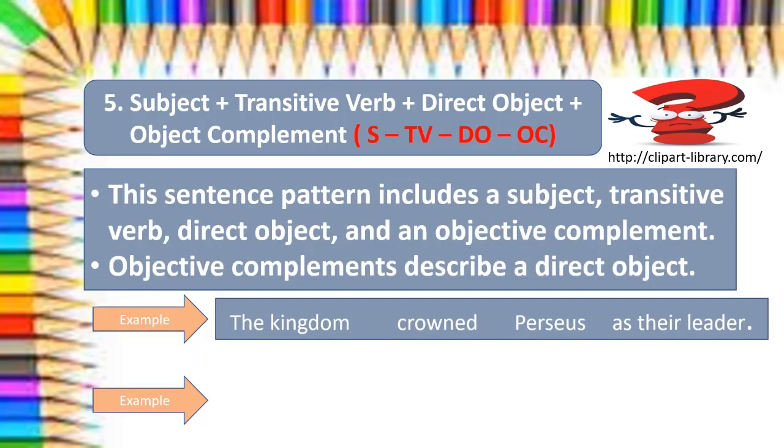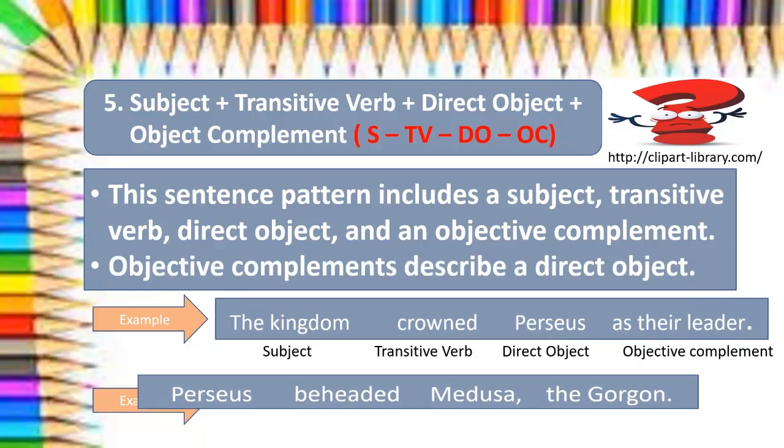For example, the kingdom crowned Perseus as their leader. Our subject is kingdom, the transitive verb is crowned, and Perseus as our direct object, and the objective complement is as their leader. The objective complements to the direct object Perseus.